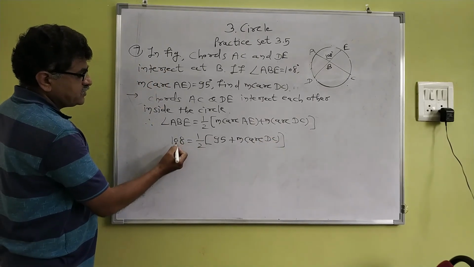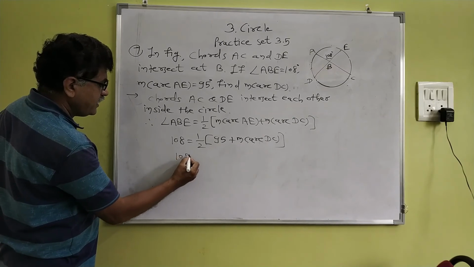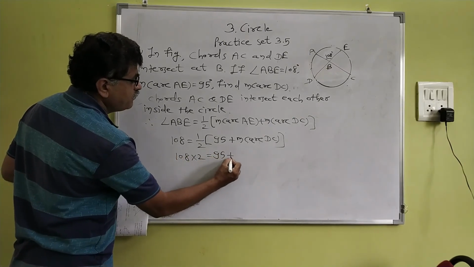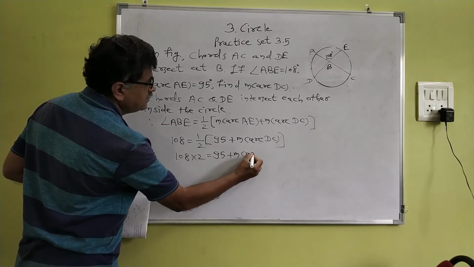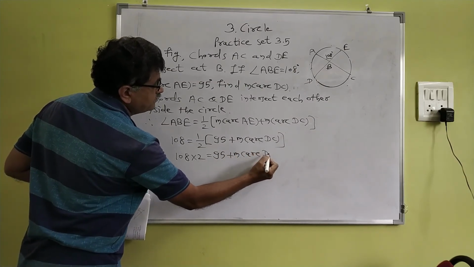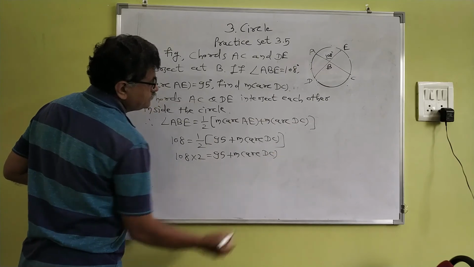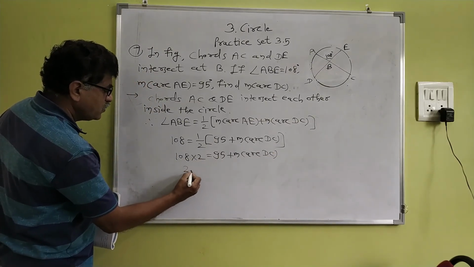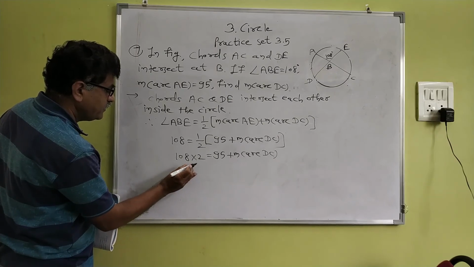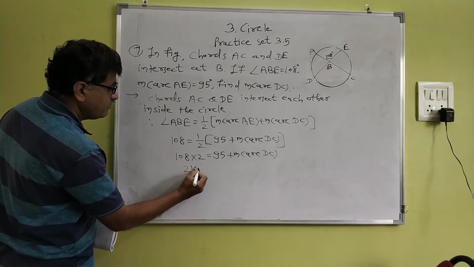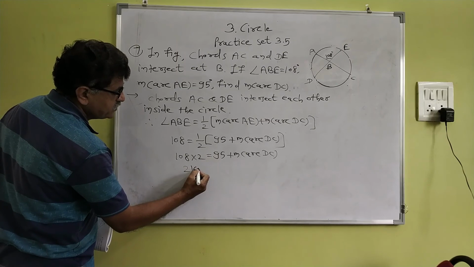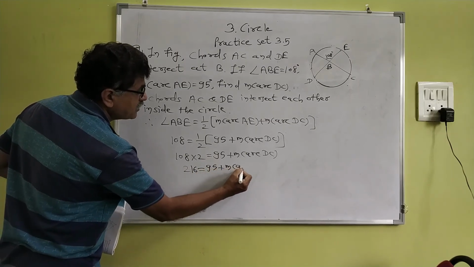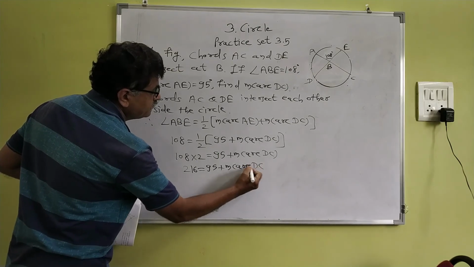Now multiplying, 108 into 2 is equal to 95 plus measure of arc DC. Multiplication gives 216. Therefore 216 is equal to 95 plus measure of arc DC.